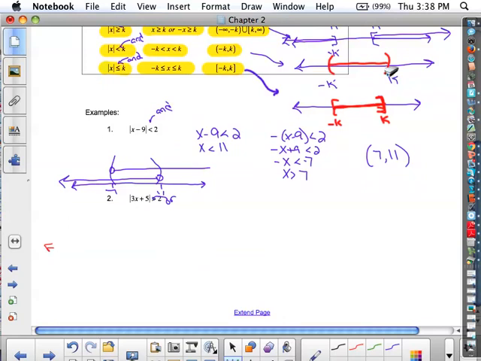Okay, let's take a look. I have 3x plus 5 is greater than 2, and then minus 3x plus 5 is greater than 2.